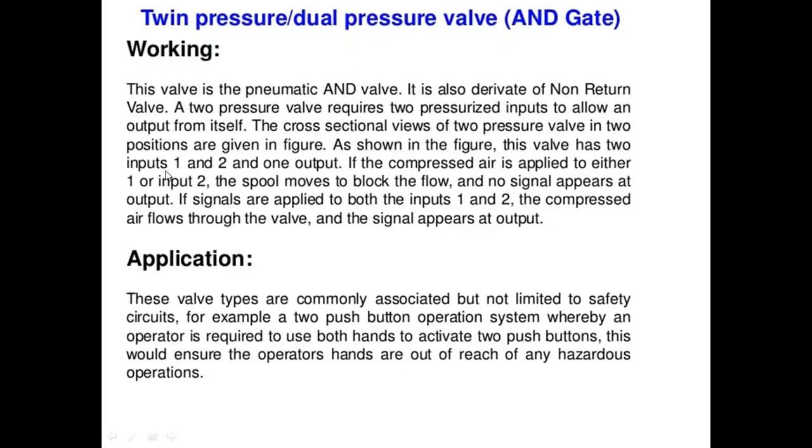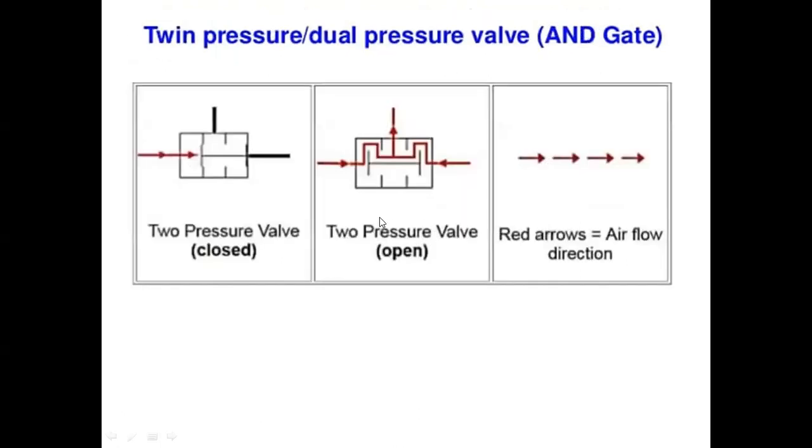This valve has two inputs, 1 and 2, and one output. If compressed air is applied to either 1 or 2, the spool moves to block the flow and no signal appears at the outlet. If signals are applied to both inputs 1 and 2, compressed air flows through the valve and signal appears at outlet.